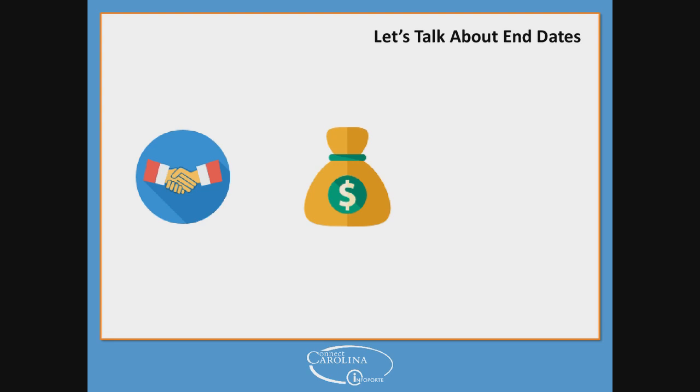Our second date has to deal with the funds, when the funds are set to expire, so they can't be used anymore. So that's our funding end date. And then our third end date has to do with the budget period, when you're allowed to spend those funds. Once that time has come and gone, you can't do that anymore. So that's going to be our budget end date. And Anita's going to tell us a little bit more about what those dates are, and then we'll get into some examples for those.